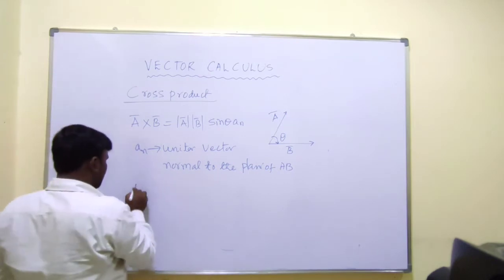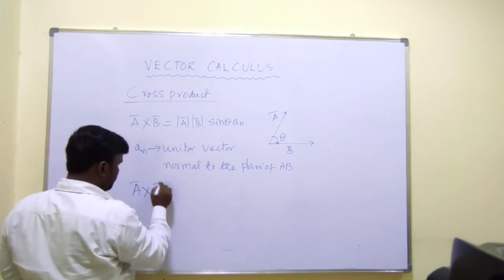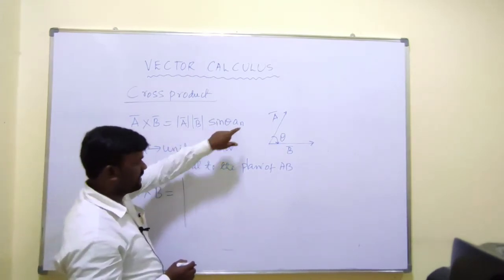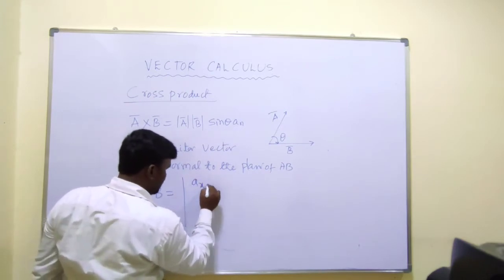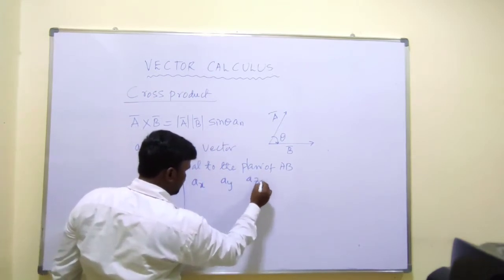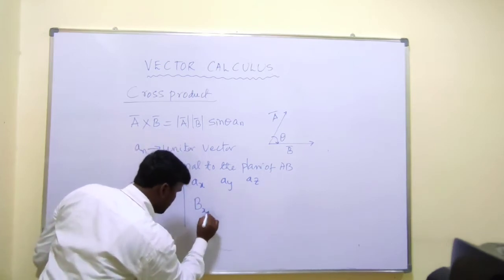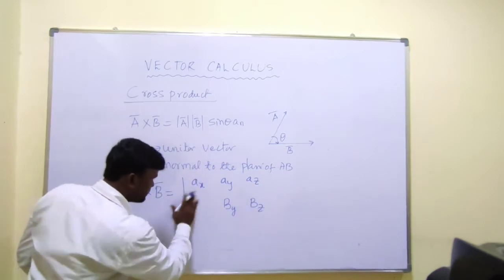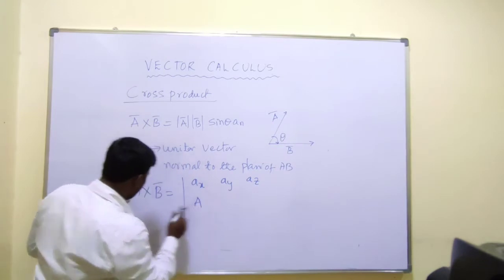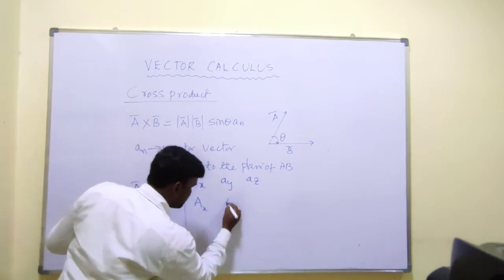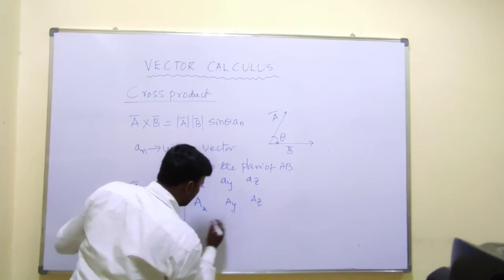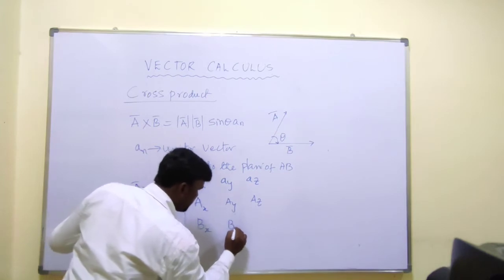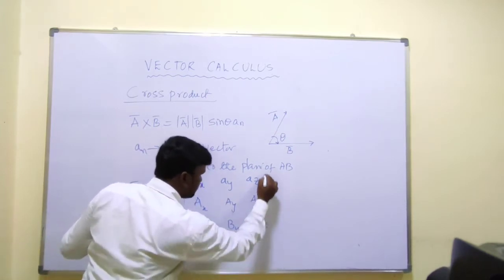Now how can you find this one? The simple formula to find this one, if you didn't know about theta and an, in that case we can find like this: write the unit vectors first, then the first vector components ax, ay, az, then the second vector components bx, by, bz.